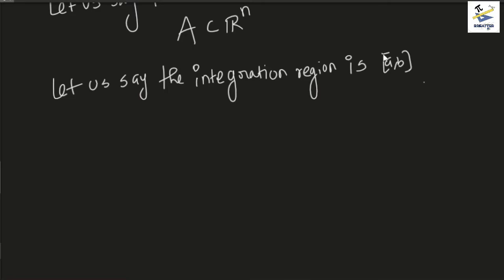So let's say this is the integration region. Then the partition P of a closed interval [a, b] would be defined something like this.